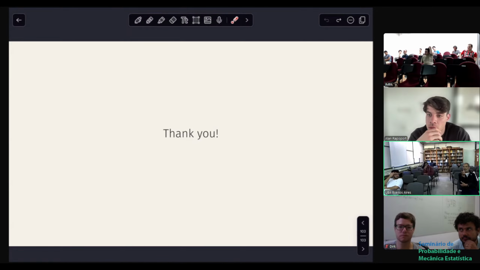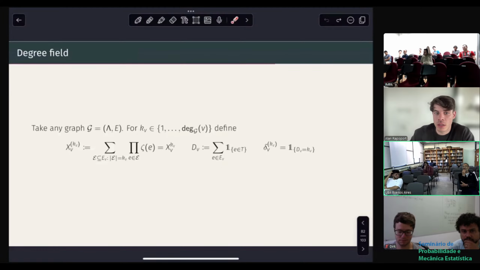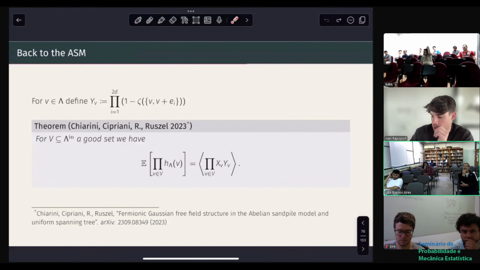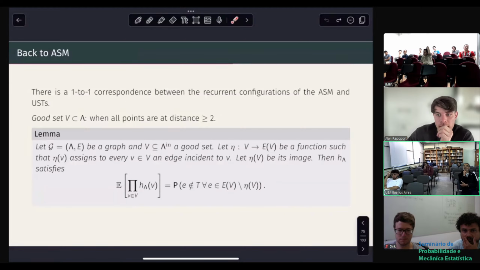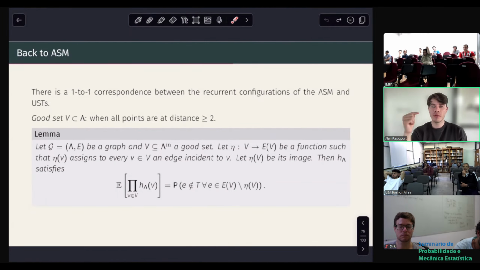So the result would be a consequence of that relation, right? The probability that the degree is 1 in the spanning tree is the same as up to 1 particle in the sandpile. Yes. Once you have this correspondence between UST and ASM configurations, one thing that is true is that if you have height 1, then it will be a leaf in the UST, but the converse is not true.